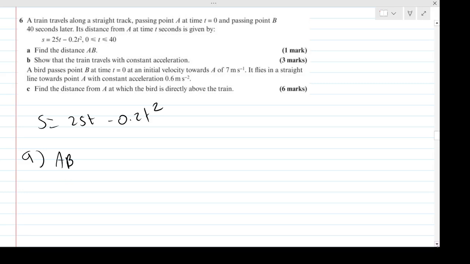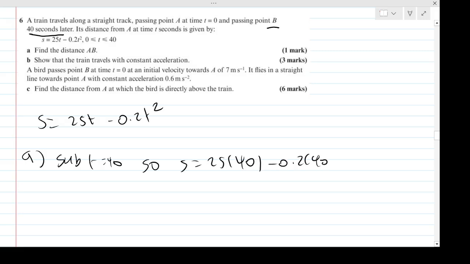Now, we're given the distance formula, right? And we're told it reaches point B 40 seconds later. Well, actually, if it starts at A, we could find the distance to point B by simply subbing in t is 40, because then that would get me the length to B, right? So that means S is going to be 25 lots of 40, take away 0.2 of 40 squared.